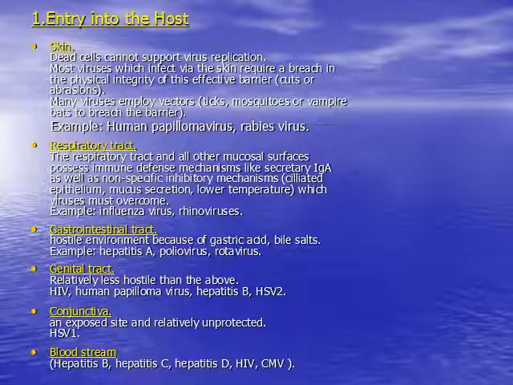The second way of entry to the host is through the respiratory tract. Again, the respiratory tract and all other mucosal surfaces possess immune defense mechanisms like secretory IgA, as well as non-specific inhibitory mechanisms represented by the ciliated epithelium, mucus secretions, and the low temperature of the upper respiratory tract.